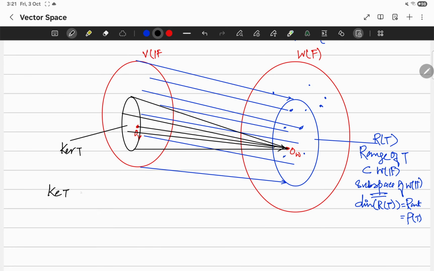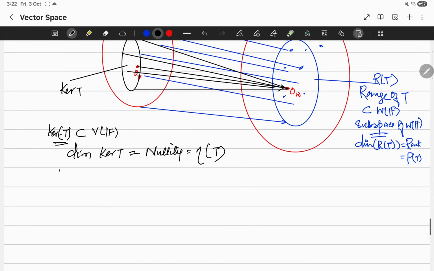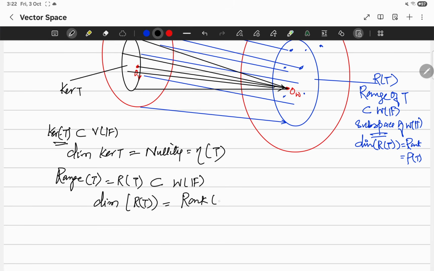So the kernel of T is a subset of V over F. This is called the null space, and the dimension of the kernel of T is called the nullity and denoted by n of T. And similarly, the range space of T, we denote it R of T, is a subset of W over F, even a subspace, and the dimension of R of T is called the rank of T and denoted by rho of T.